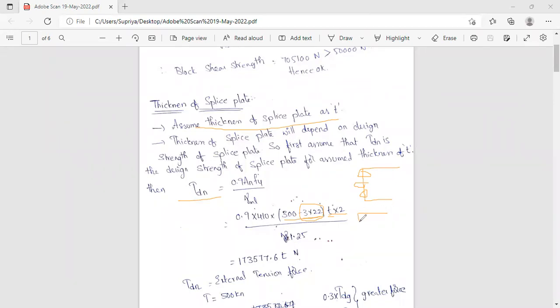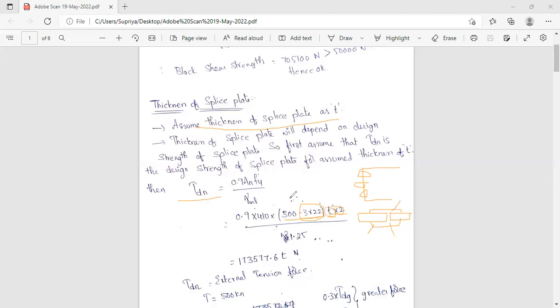We are providing not a single splice plate but 2 splice plates, one on top and one on bottom. That is nothing but a double cover lap joint. So here is one splice plate and here is another, so the thickness is the thickness of the splice plate multiplied by 2. With the 2 splice plates, how much strength do they have to carry?